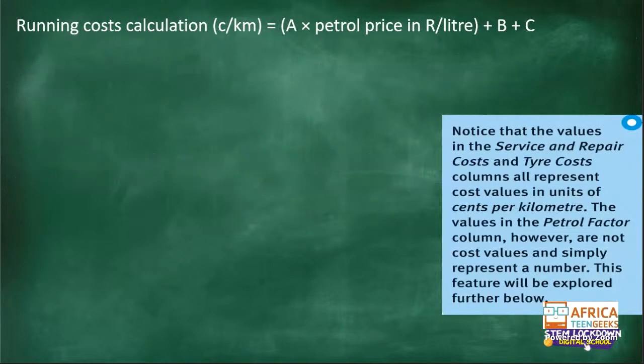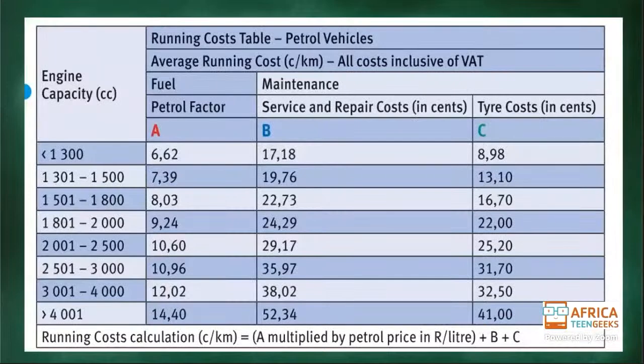So you are now going to multiply the 10,61 by the fuel, the petrol factor, and the petrol factor in this case will be 8,03. So if you multiply 8,03 by 10,61, you'll get 85,19. That is what you will get. And then of course you add the other service repairs there, which is 22,73.